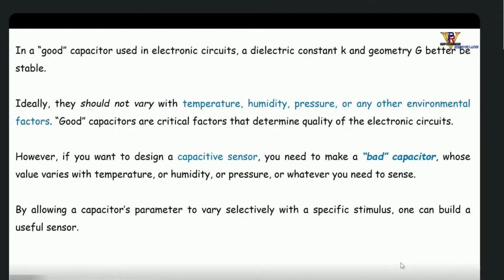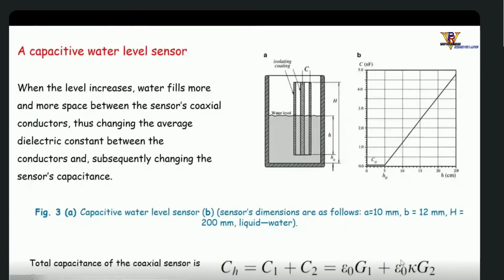Either sensing the capacitance that depends on the ratio A by D, so by varying either A or D, we can sense different values of the capacitance, or by sensing the dielectric constants. So this is the sensing principle involved in these types of sensors that use capacitive elements as sensor elements.